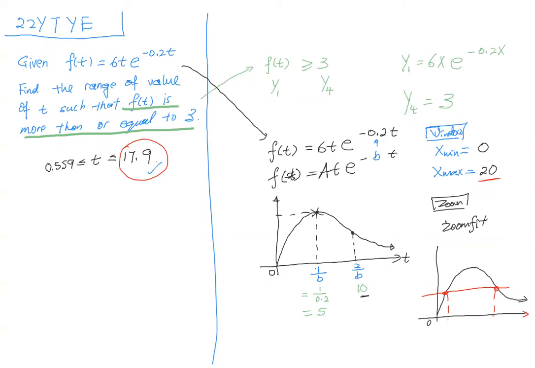So this intersect 0.559. So you want to get the other intersection when you press second trace, intersection, correct? You make sure you bring your cursor near here. Then only it will give you this point. If your cursor is still here, it will give you back this point.